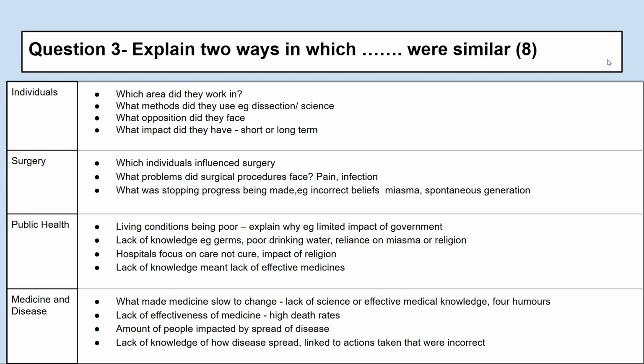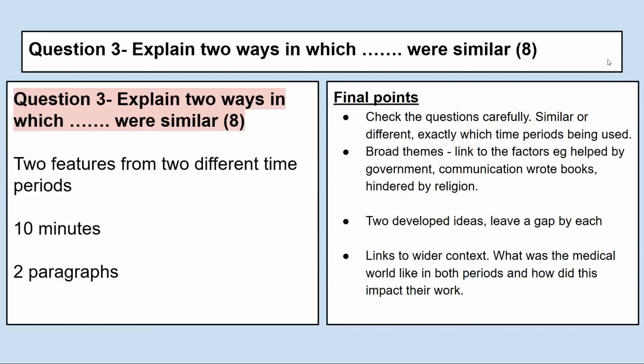The amount of people impacted by the spread of disease, and you could say how high it was, and the lack of knowledge of how disease spread, thinking about your plagues, your choleras, and it links to actions taken that were incorrect. For example, things such as religion, flagellants, people whipping themselves, or with cholera, the government flushing the sewer without causing a big stink.